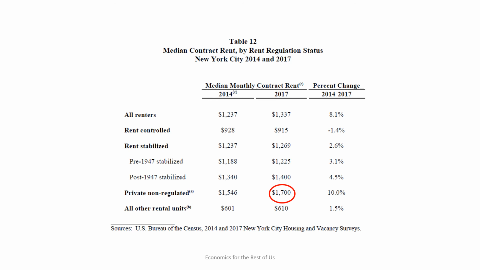But of course, rent control only works if the rents are actually lower. So are they? They are. In 2017, median rent for free market apartments was $1,700, but it was between $915 and $1,400 for controlled units.